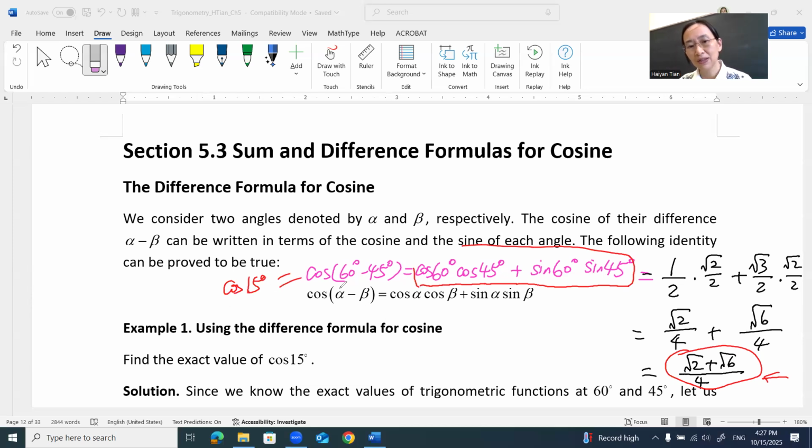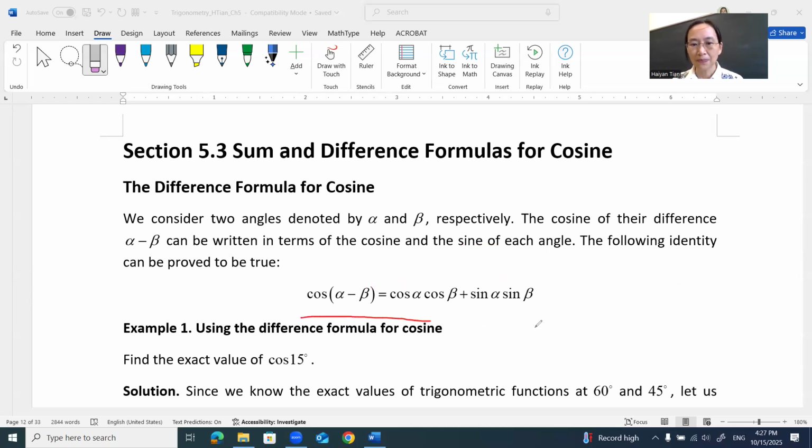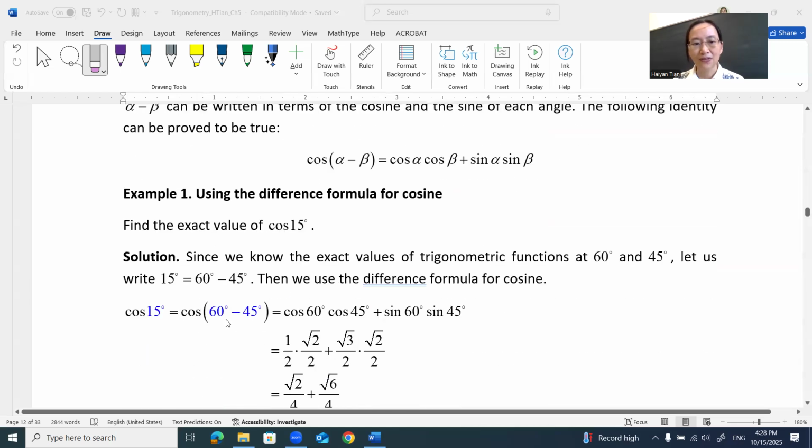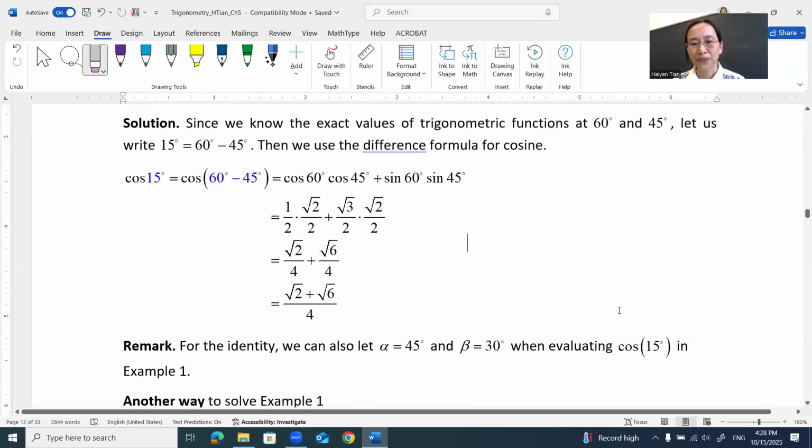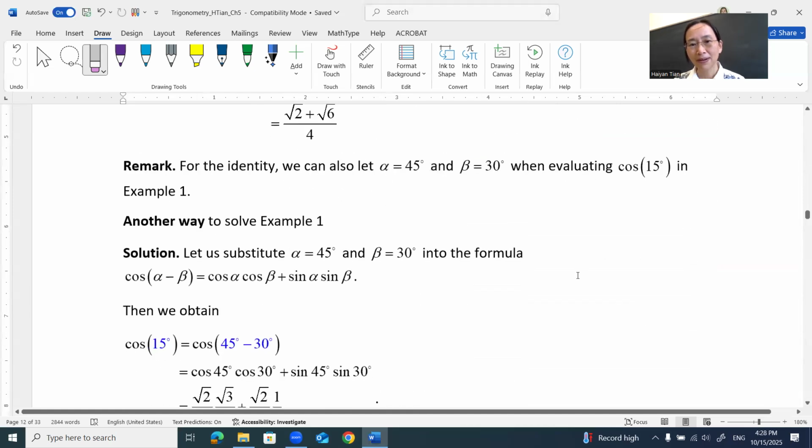Because 15 is the difference of these two angles, we have applied this formula once for the specific case when alpha is 60 and beta is 45. But you might want to choose a different pair, right?